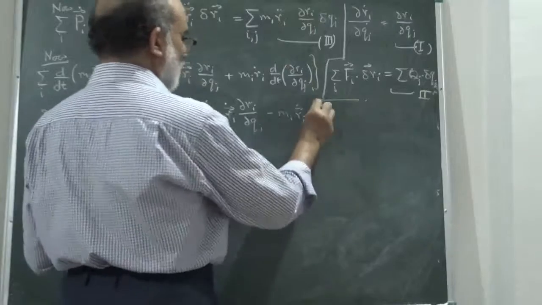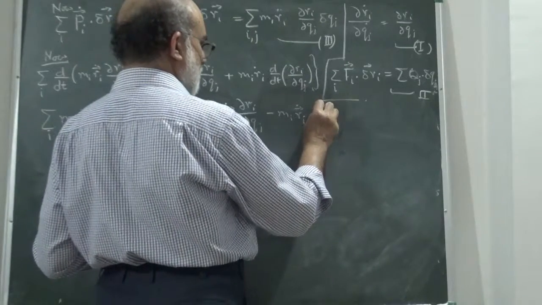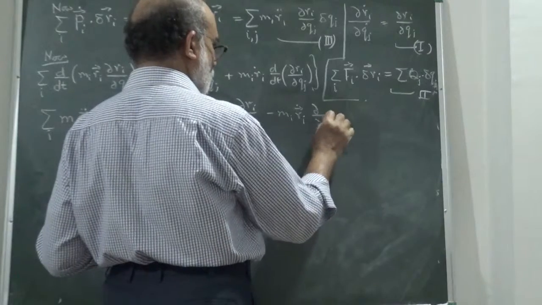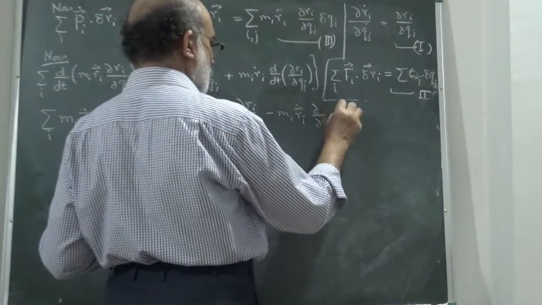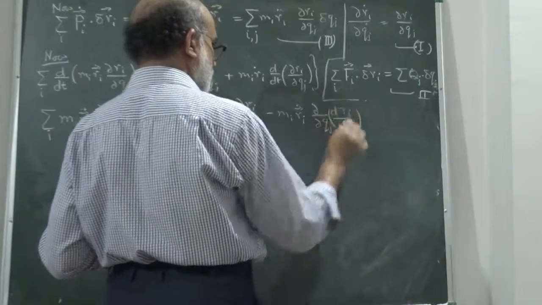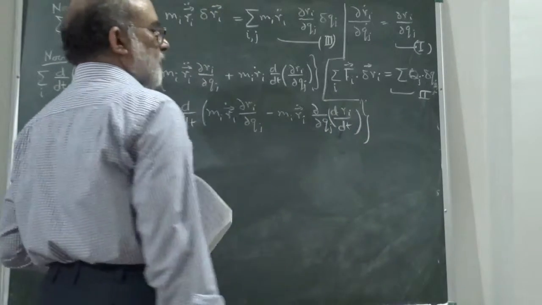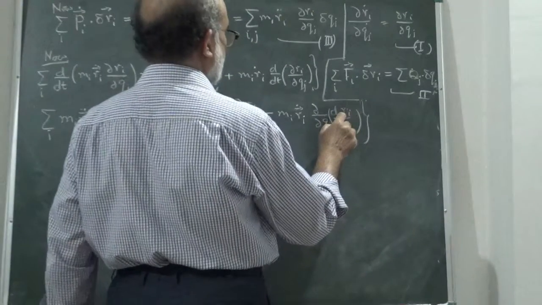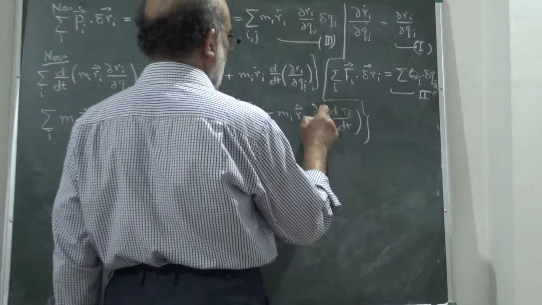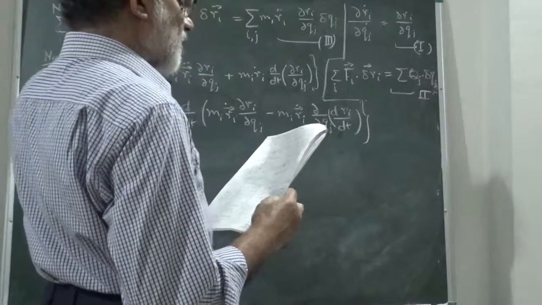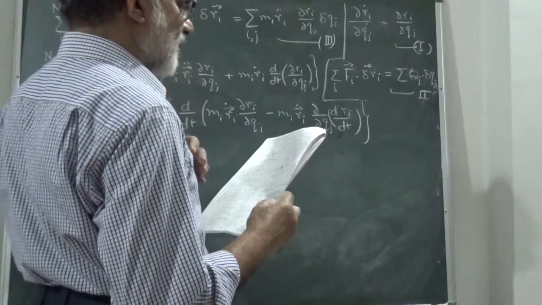You can exchange this, you can write this as d by delta Qj times dRi by dt. And dRi by dt means velocity. There lies velocity, so it will be r dot here.